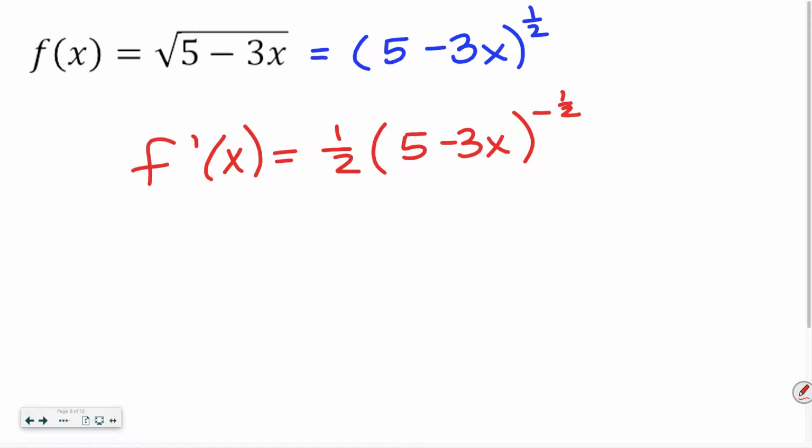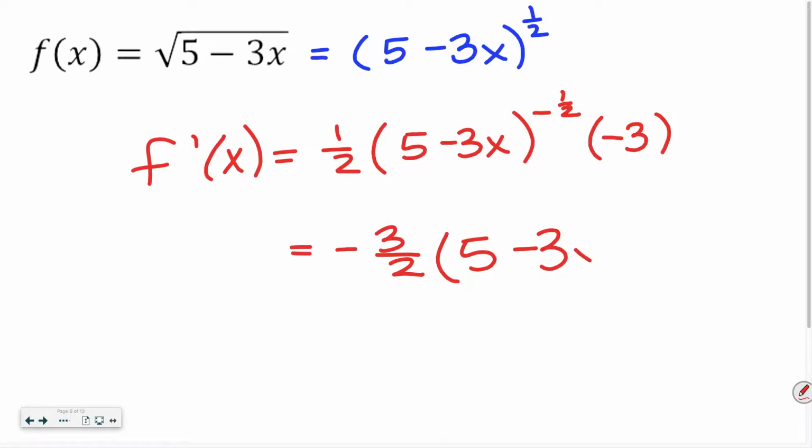What's the derivative of that inside? -3. Okay, so you could write -3/2 times 5 minus 3x to the -1/2.